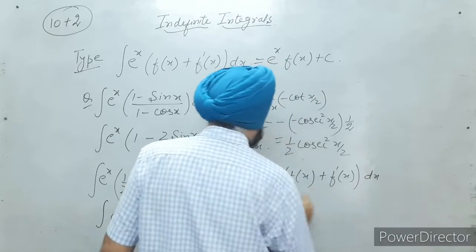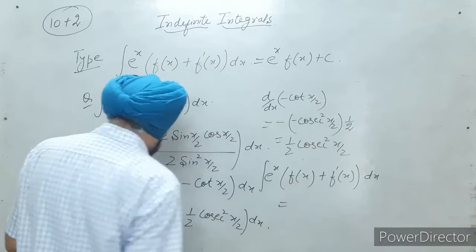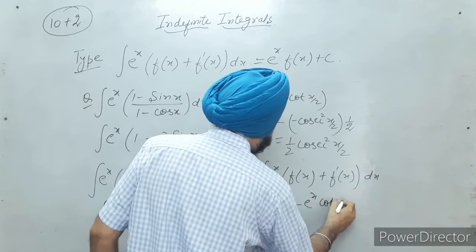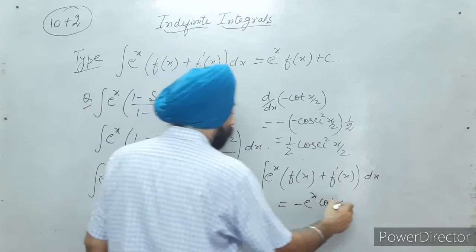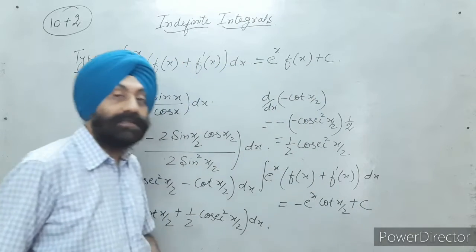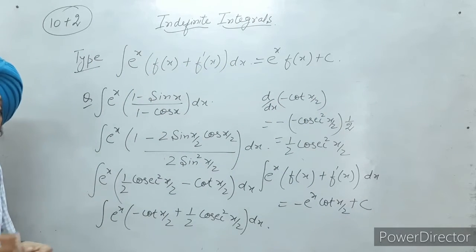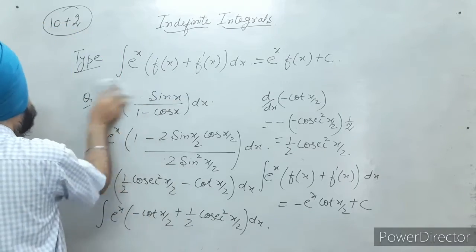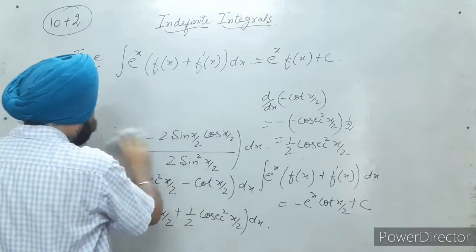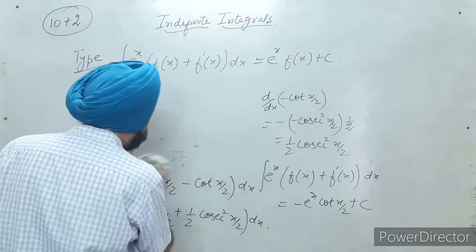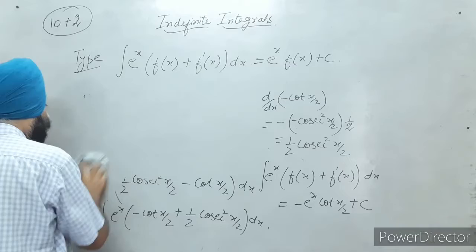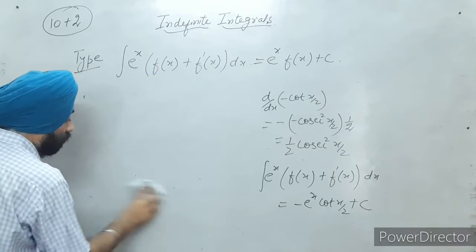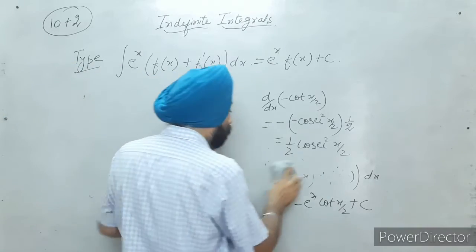What is the answer? e^x f(x), that is e^x into negative cot(x/2), I have taken this sign over here, plus c. This is the answer. It's a very easy type, but just remember the basics. That is, the trigonometric formulas will be used throughout integration, have been used in differentiation, and will be used when you go to definite integrals, the next chapter.